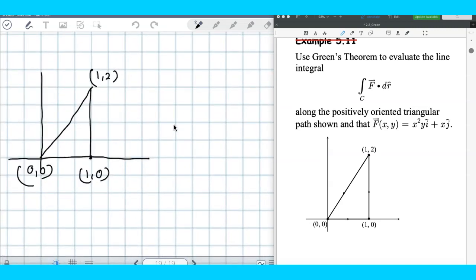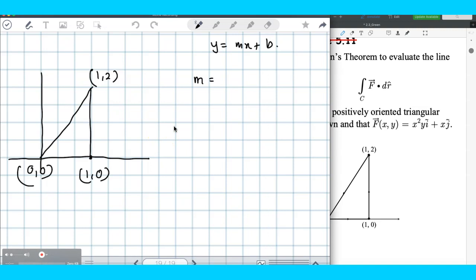So you can use the formula for the construction of the linear equation. We know that the general form is y equal to mx plus b, where m is the slope.